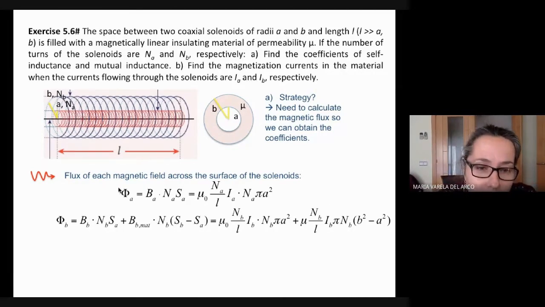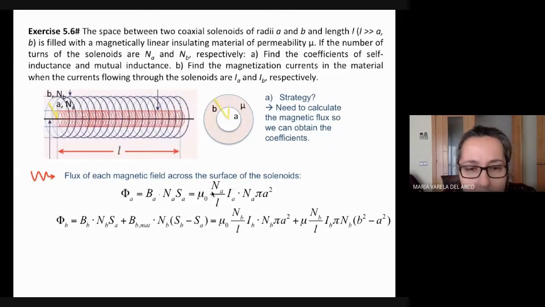So for the flux across the surface of solenoid A, right here, when there is an intensity going through A in the first place, and of course there is a NA number of turns, will be just the field caused by this intensity, BA, call it like that, times the number of coils and the surface of a single section, SA.